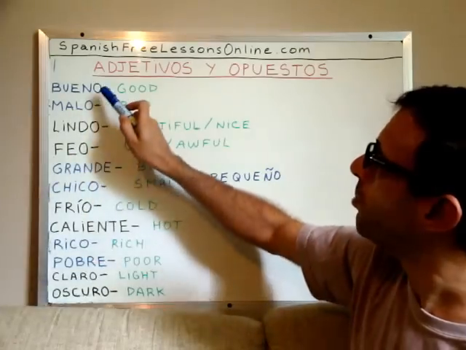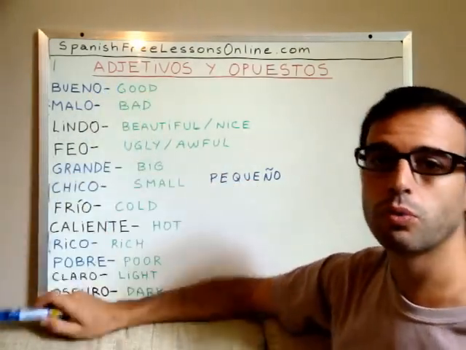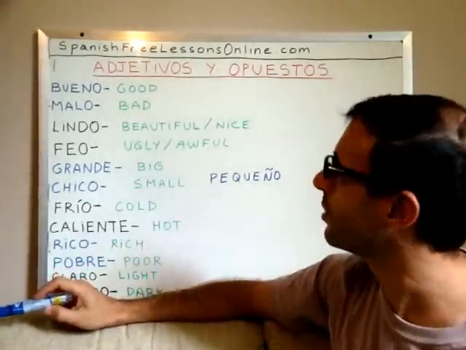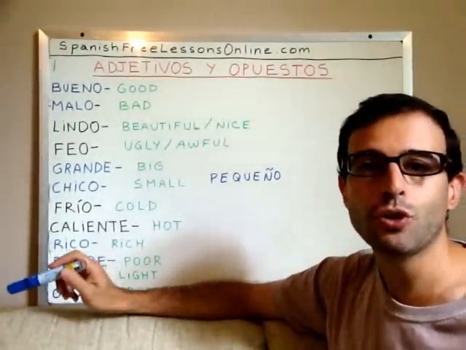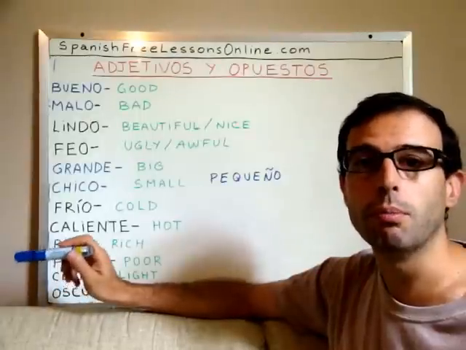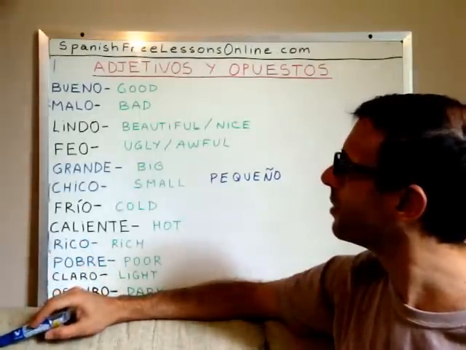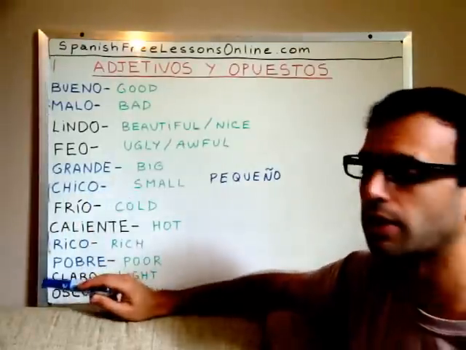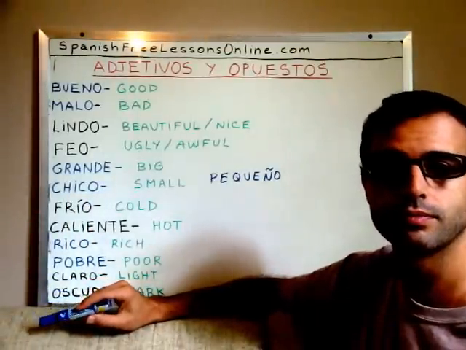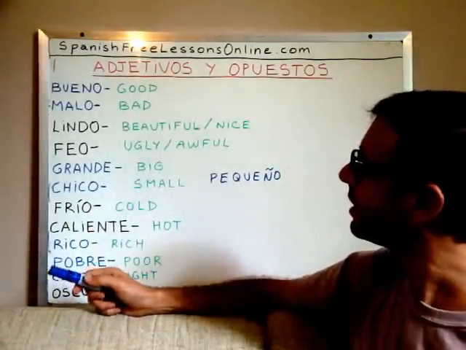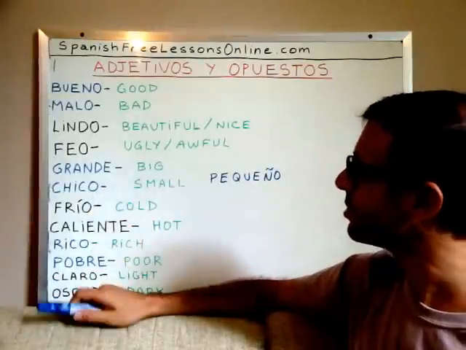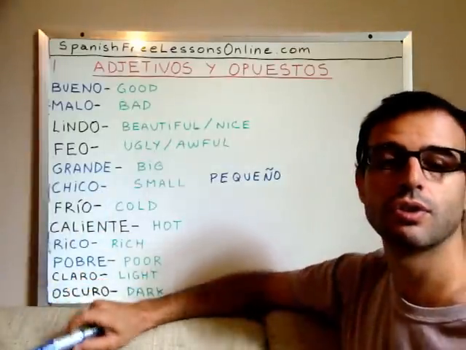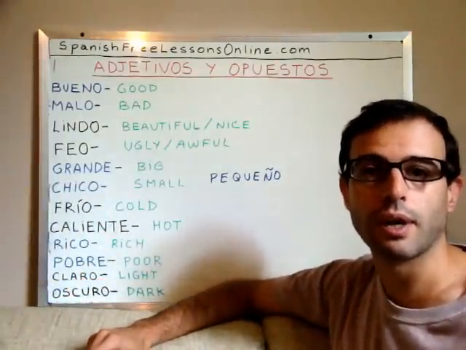So, bueno, ending in O, would refer to a singular masculine noun. For example, el niño bueno, the good boy. For chico, same thing, el niño chico. But let's leave this for our next class, and I'll show you how these adjectives change depending on the noun.